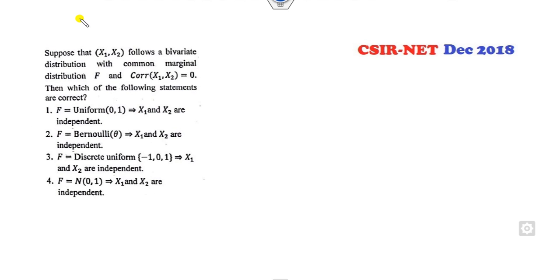Okay, look at this another one. X1 and X2 follow a bivariate normal distribution with a common marginal distribution. That means X has distribution function F, Y has a function this, and the correlation between X1 and X2 is my 0.